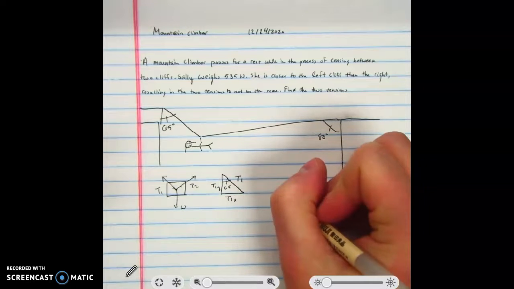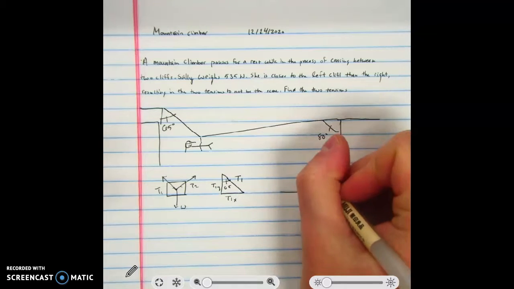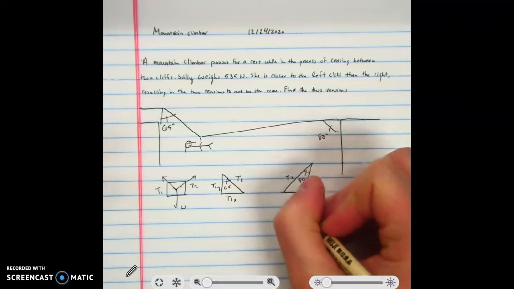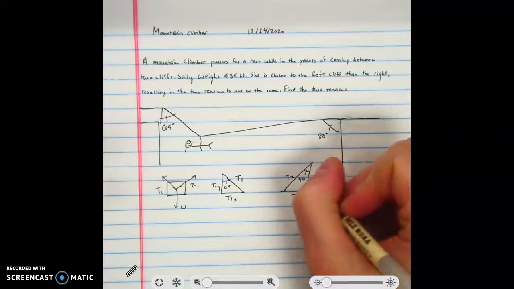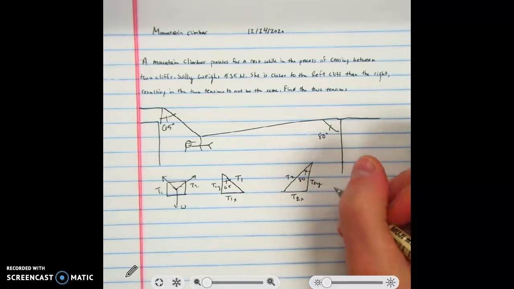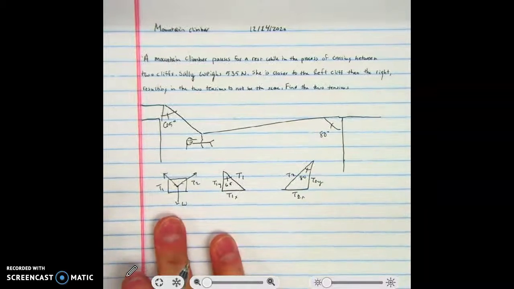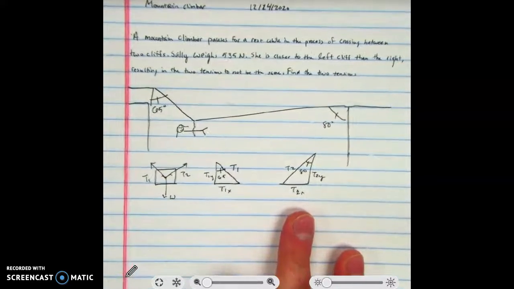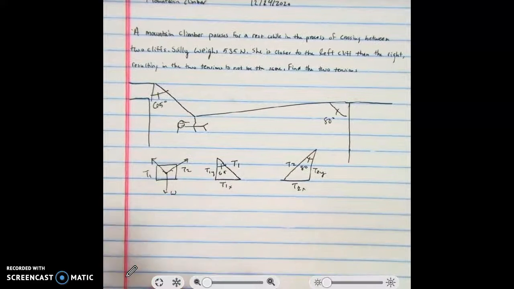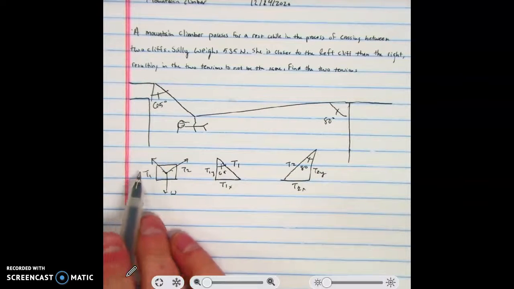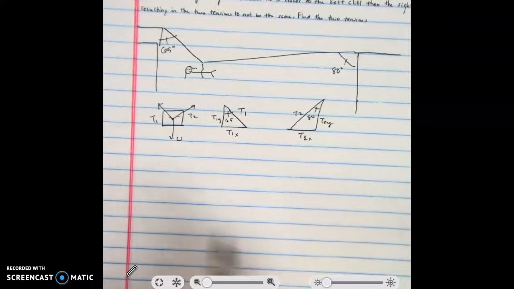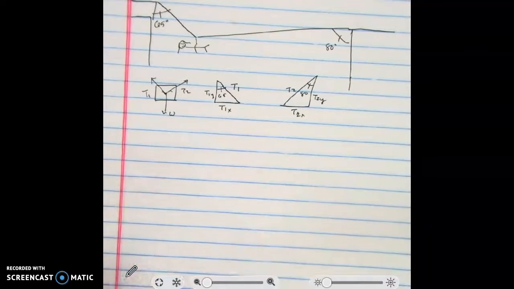And then same thing over here for the one at 80: T2, T2X, T2Y. So the free body diagram's done, and I'm drawing my two force vectors off to the side to make life a little easier for myself. Like I said, you could easily draw these T1Ys and Xs on here, but I don't, to save some space and make it a little less cluttered.